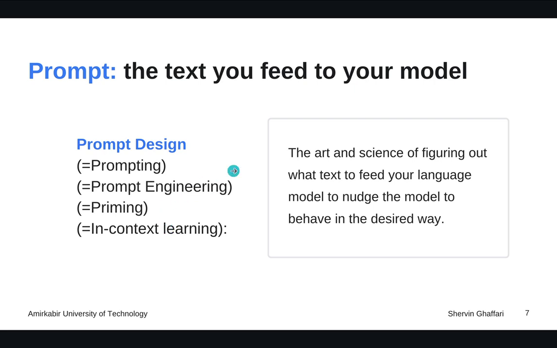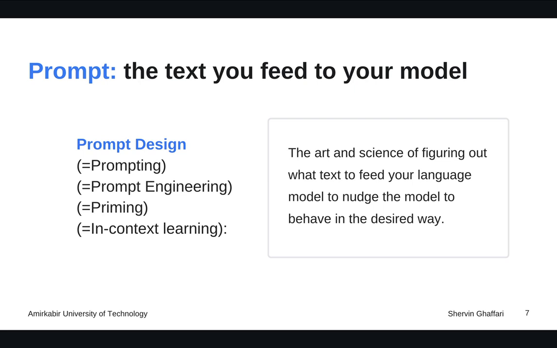Prompt engineering is the art and science of figuring out what kind of text should be curated to nudge the model to behave in a desired way, expecting the best response, one generated by human expertise.